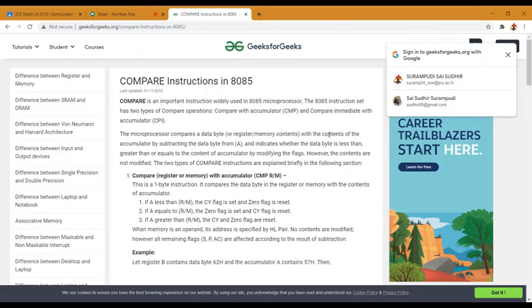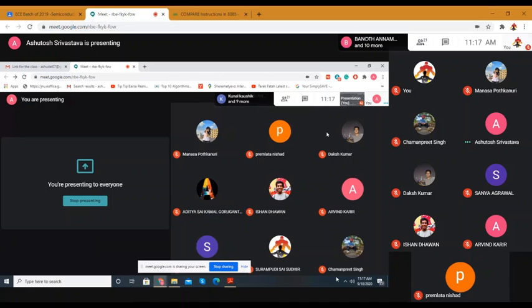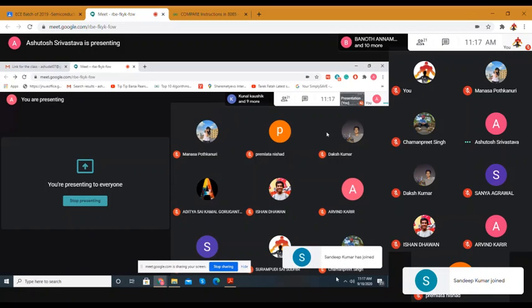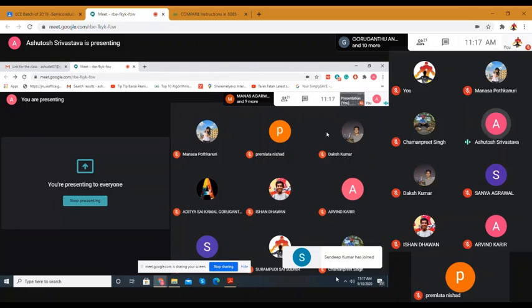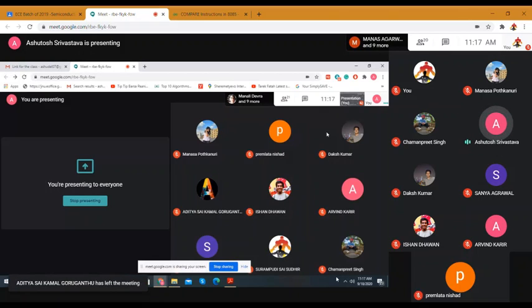Just to compare two quantities, whichever one is larger or smaller in a way. Right. So whenever you're doing sorting of numbers in increasing or decreasing order, I think you have done basics of C language programming, so you must have done sorting.